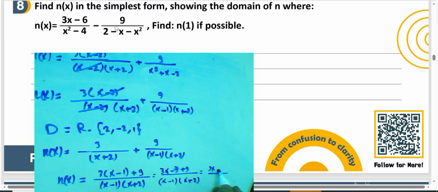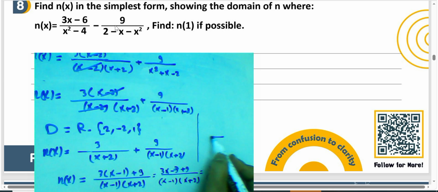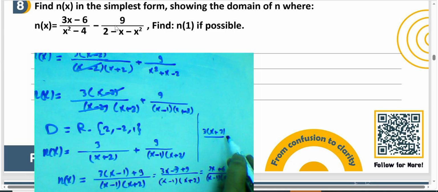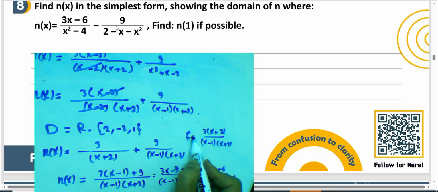Then you can simplify also in the simplest form. Write 3x plus 6 over x minus 1 times x plus 2, and then you can take 3 as common factor up: 3x divided by 3 equal x, and 6 divided by 3 equal 2, over x minus 1 times x plus 2. This is f of x.